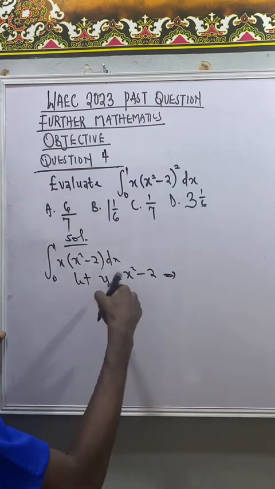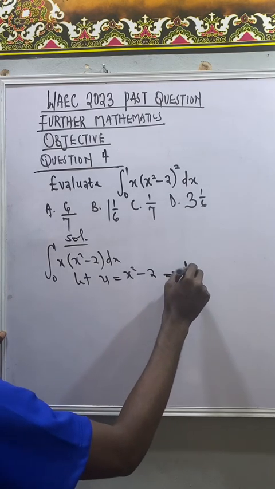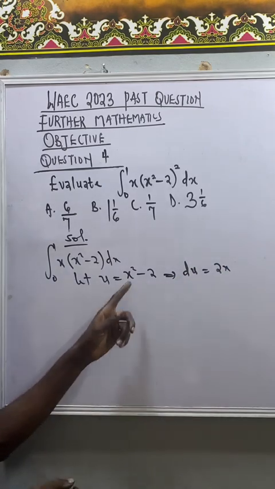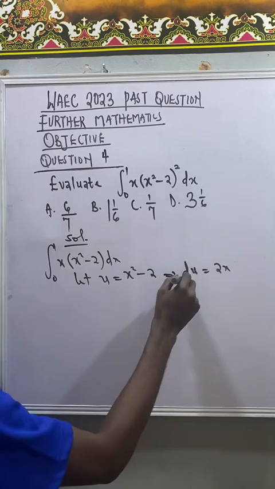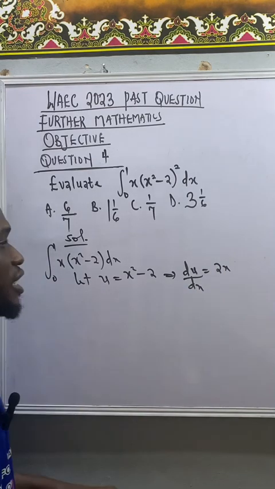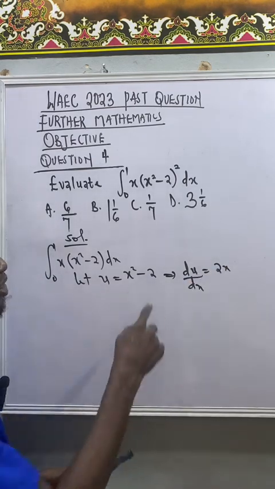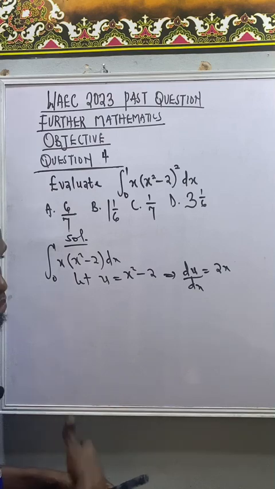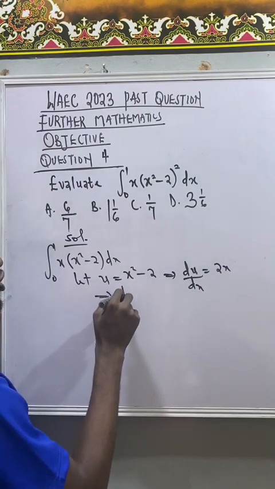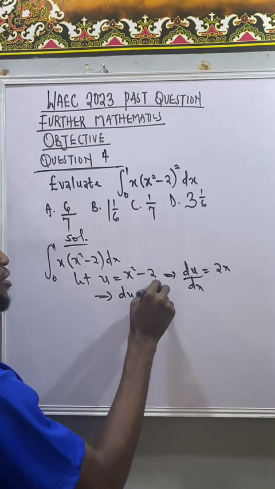If I differentiate u with respect to x, that means du/dx equals 2x. Because if you differentiate 2, you will get 0. If I cross multiply, that means I'm going to have du equal to 2x dx.